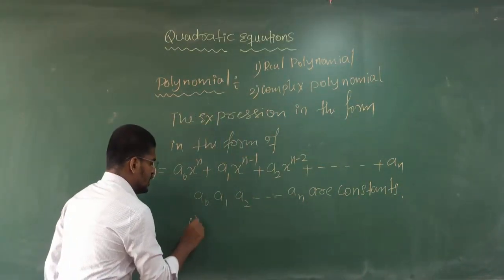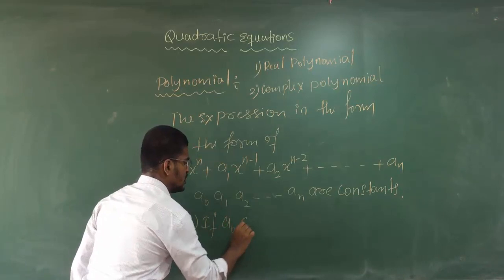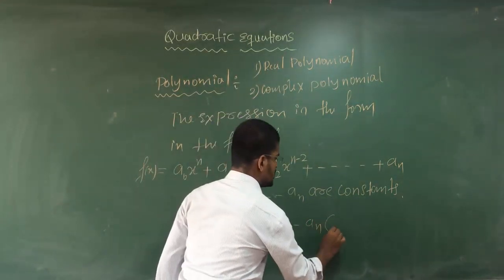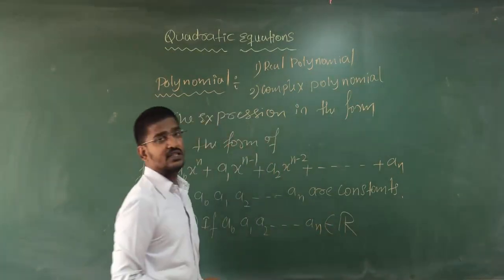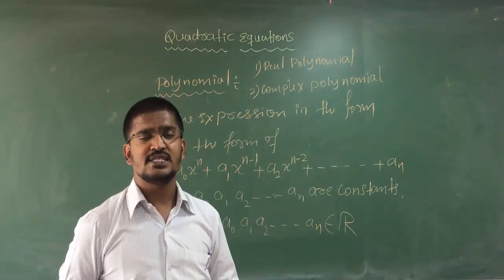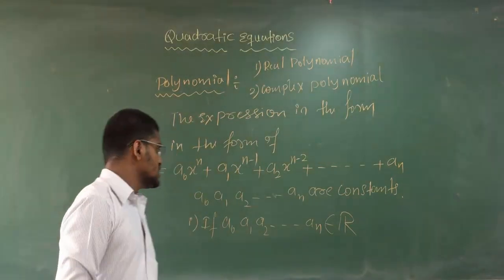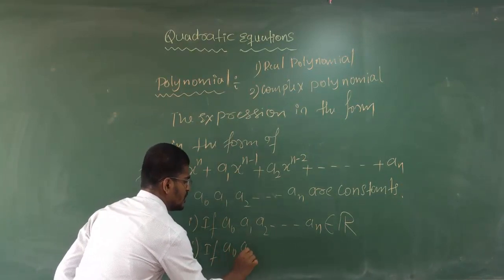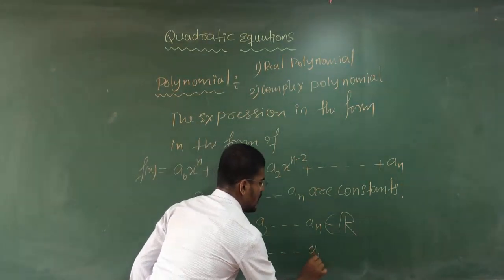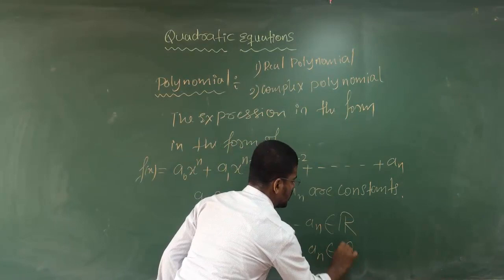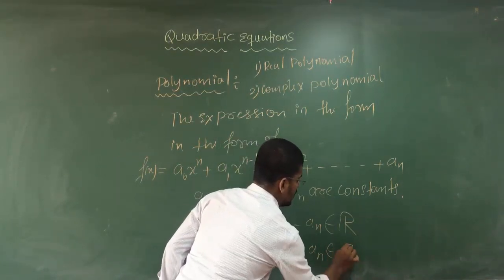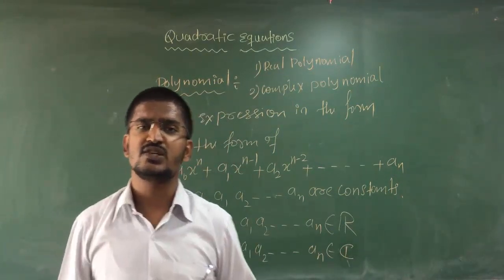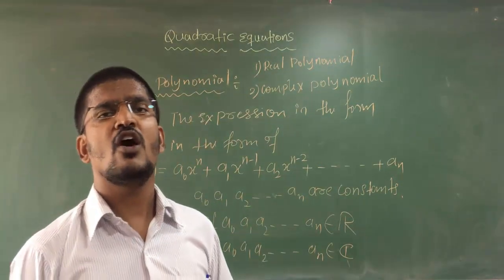If a0, a1, a2 so on to an belong to the real number set, then it is called real polynomial. If they all belong to C, the complex number set, then it is called complex polynomial.